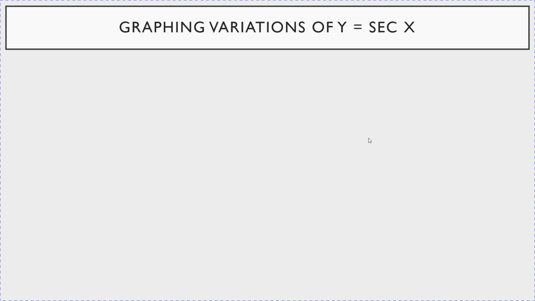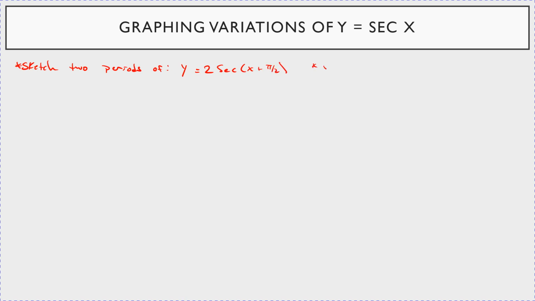All right. So we're sketching 2 periods of y is equal to 2 times secant of x plus pi over 2.